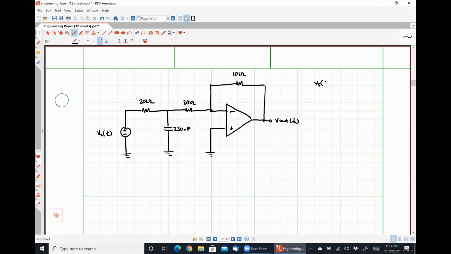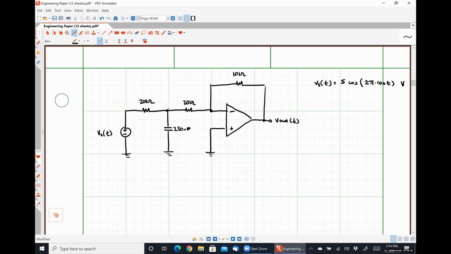Plus, and let's say that Vs of t is 5 cosine 2 pi times 100t, no phase angle.